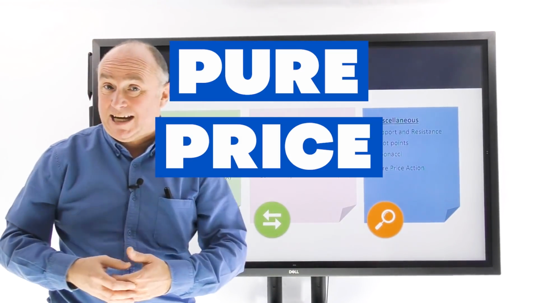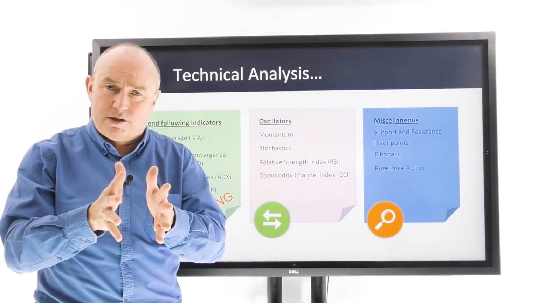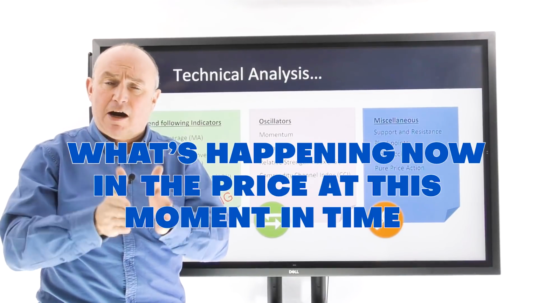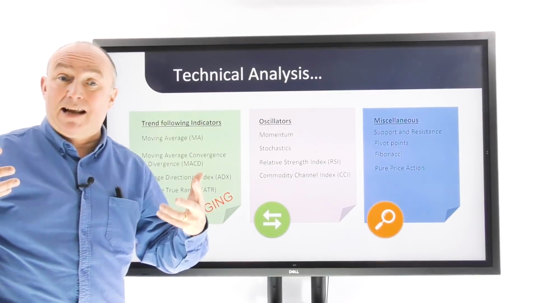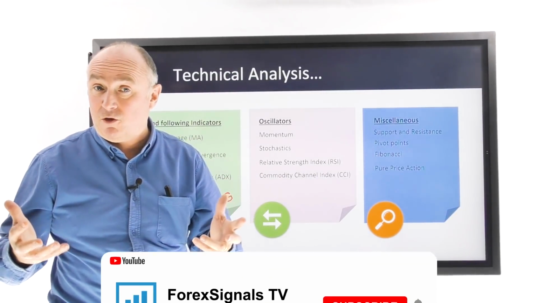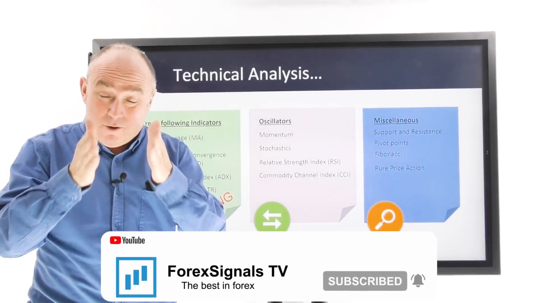And you've got pure price action. I'm a pure price action trader. I love to look at the candlesticks. I like to look at what's happening now in the price at this moment in time, looking for patterns. You've seen certain candlestick patterns that can actually give you good clues, indications of where prices may want to go in the future. Pure price action looks at price as now, as where it is at the moment.